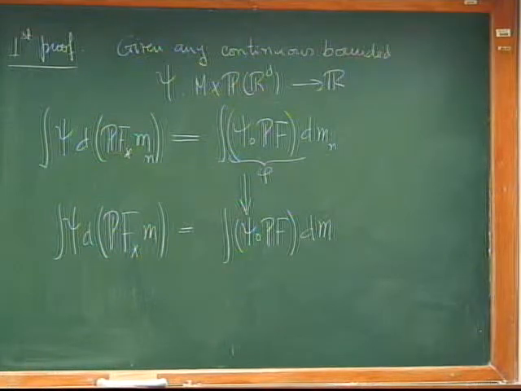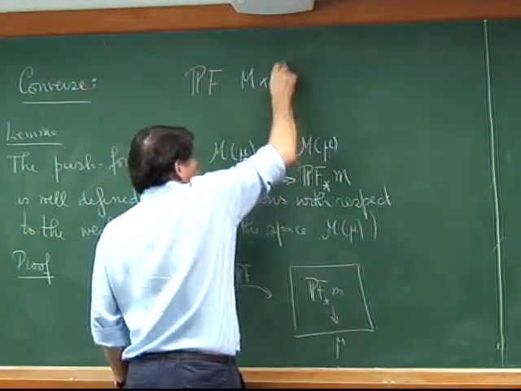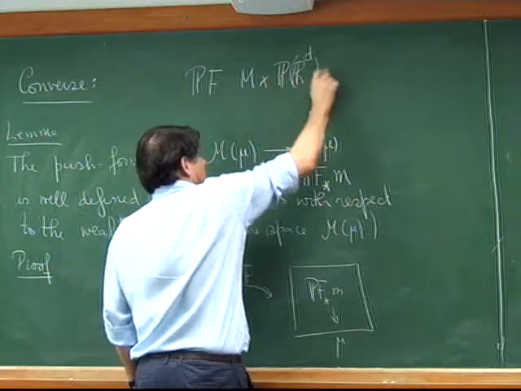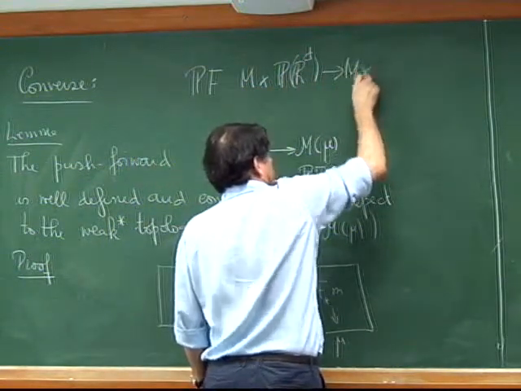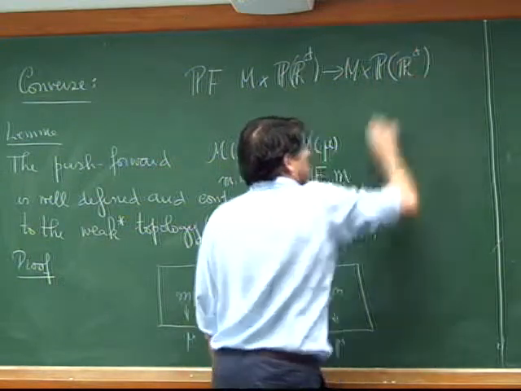It should be easy to find out where the mistake is. Where is the mistake? I don't want to assume that this map is continuous. I could, but I don't want to, because there are interesting examples where it is not continuous.